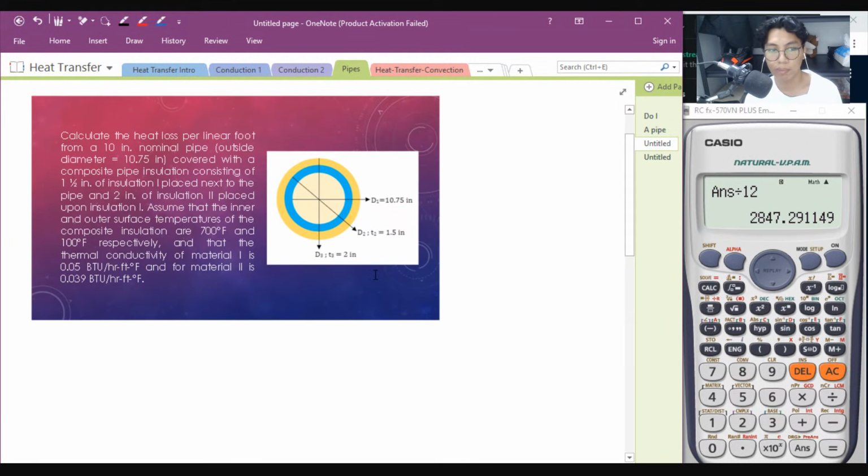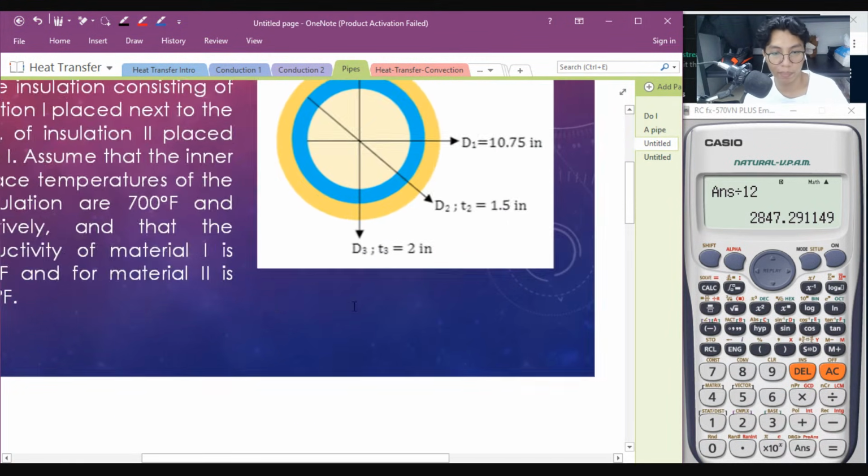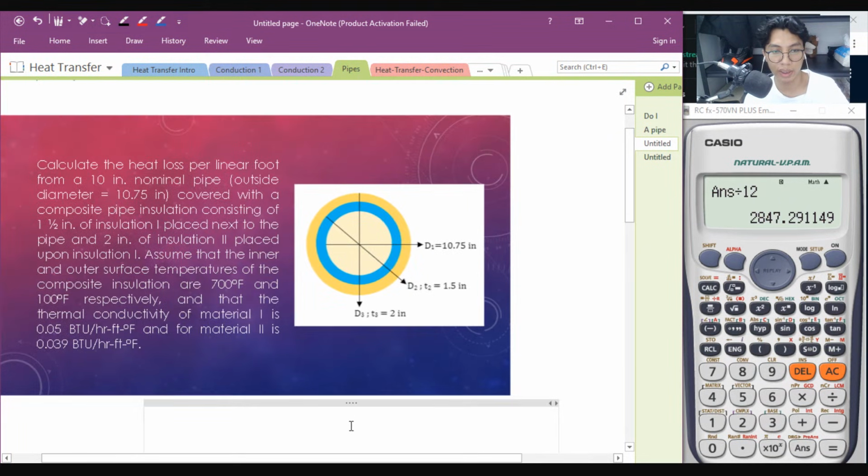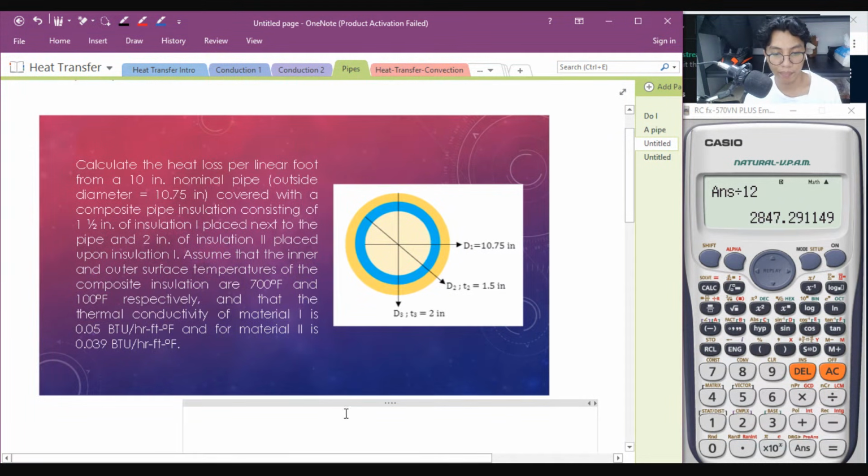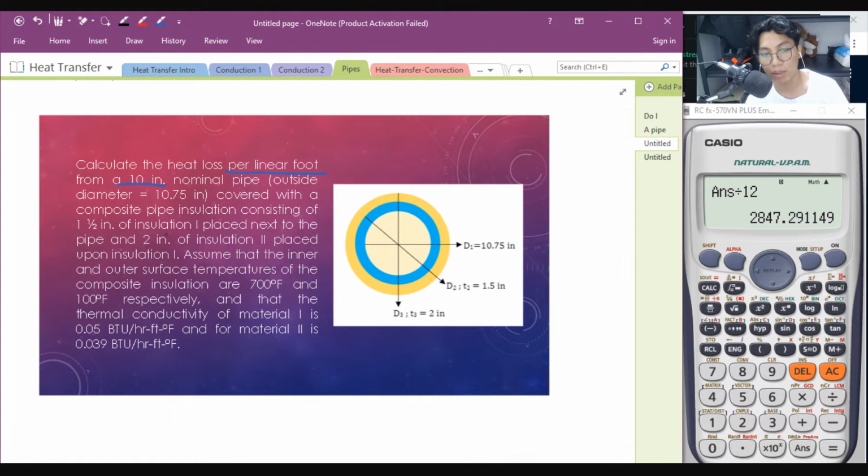So, number 2. Okay? Lapit natin para mas maganda. Kitang-kita. So, calculate the heat loss per linear foot from a 10-inch nominal pipe, okay? Outside diameter is 10.75. Sir, ano yung nominal? Wag mong pansinin yung nominal. Ang papansinin mo dyan yung sinasabing outside.